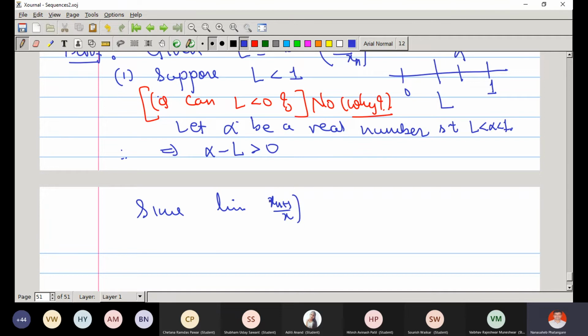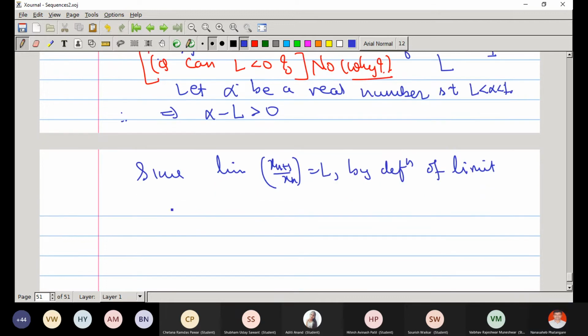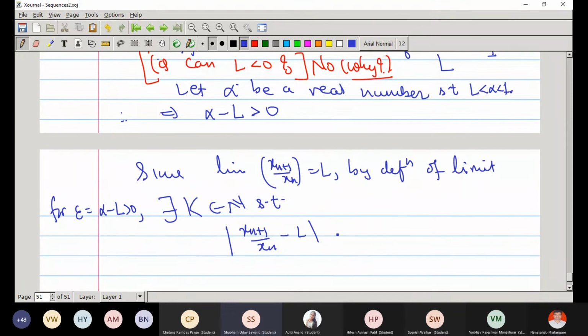Right. Now, what is assumption? Since limit of xn plus 1 upon xn, this is a new sequence, is L, by definition of limit, for epsilon equal to alpha minus L, which is a positive quantity, there exists k such that the distance between L and xn plus 1 upon xn is less than epsilon for all n greater equal k.